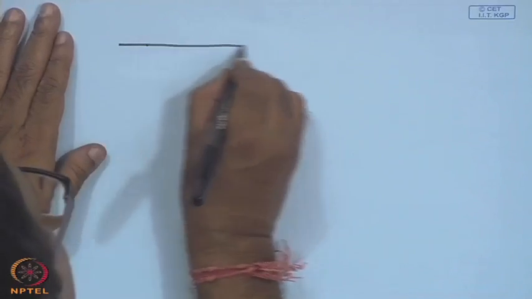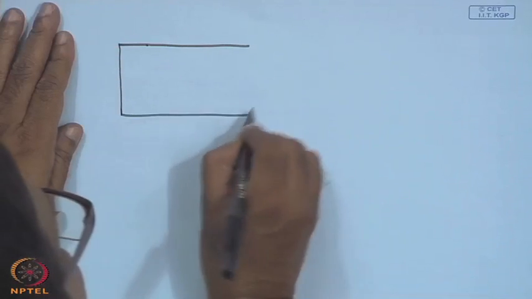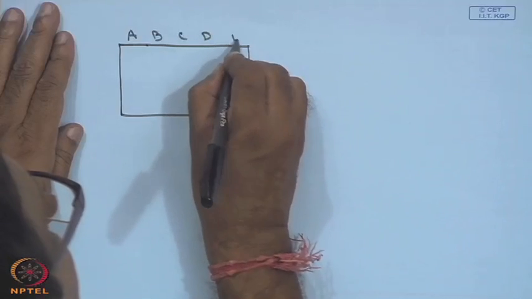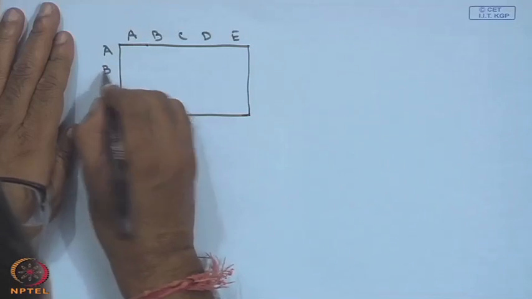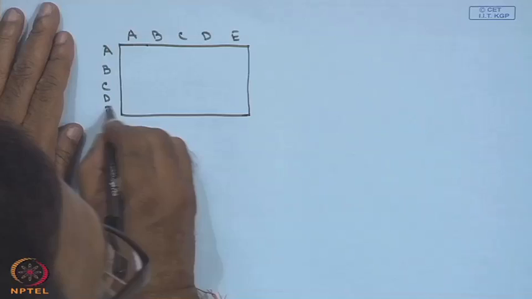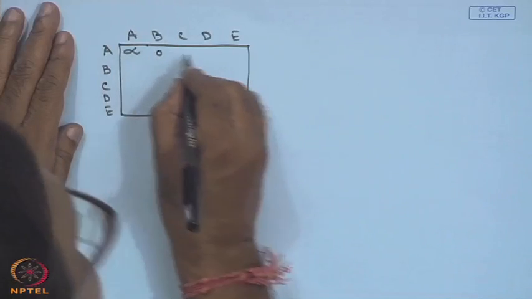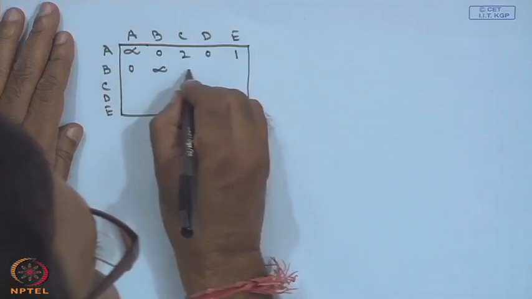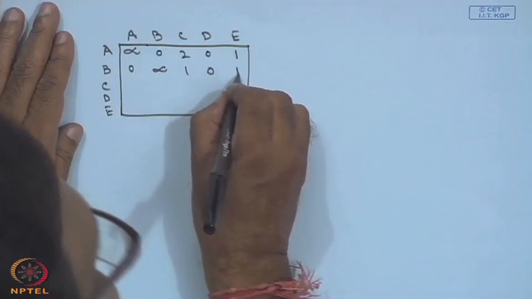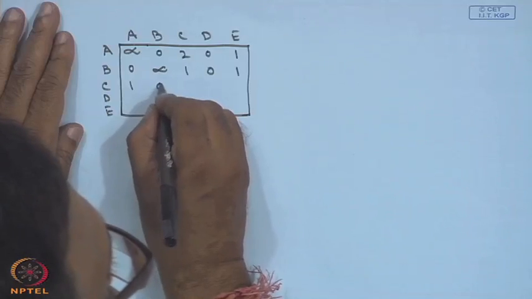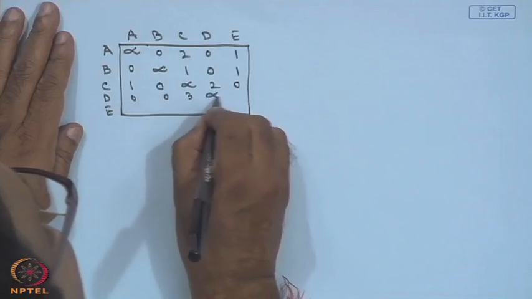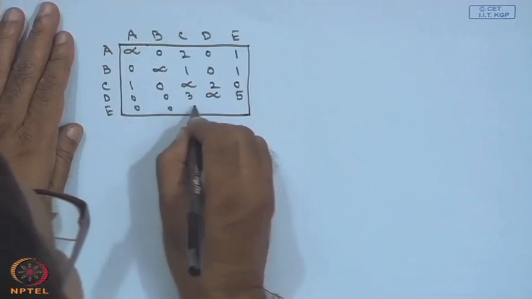Let me draw the table first, A, B, C, D, E, and here also I am having A, B, C, D and E. The values are infinity, 0, 2, 0, 1, 0, infinity, 1, 0, 1, 1, 0, infinity, 2, 0, 0, 0, 3, infinity, 5, 0, 0, 0, 4 and infinity.